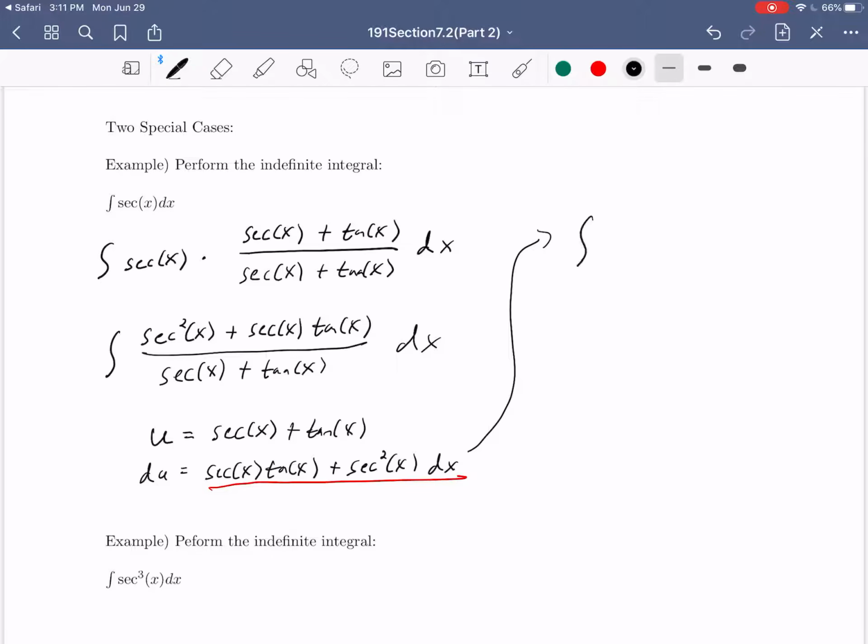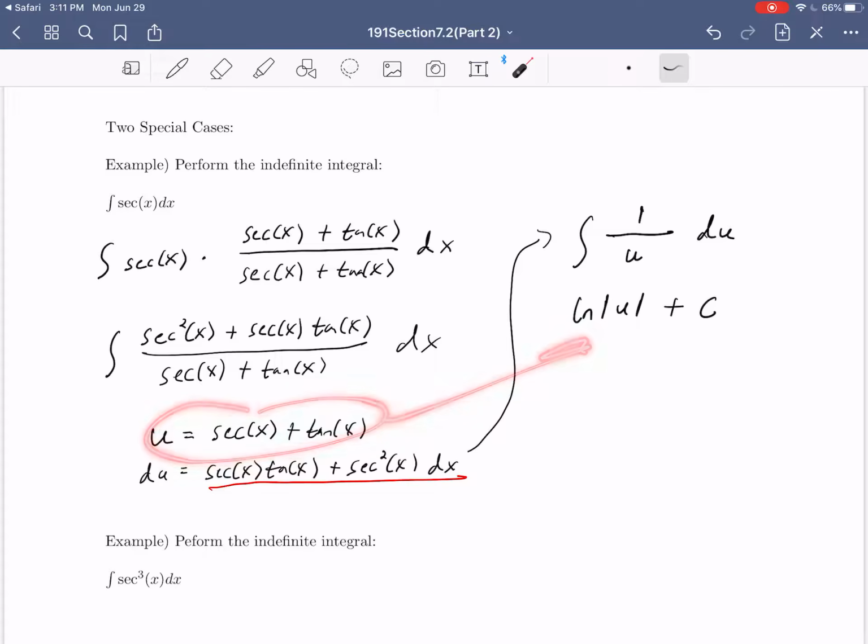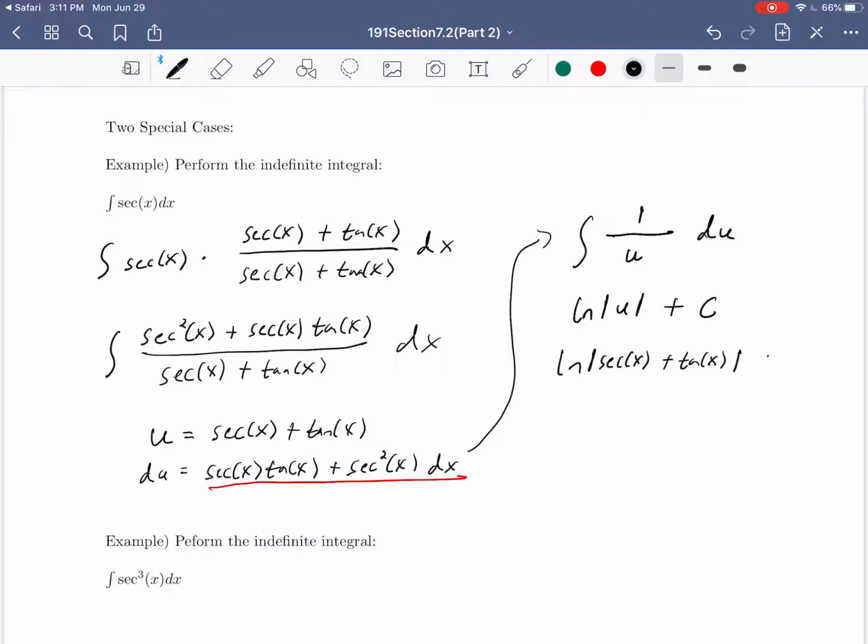This is going to take out everything up top, so we're just left with 1 over, down here, secant x plus tan x, that's what we're substituting, so we get 1 over u du. You now know how to integrate that. That's an easy one. That's just ln absolute value u plus c. And we pop the u back in there. So we get ln absolute value secant x plus tan x plus c.